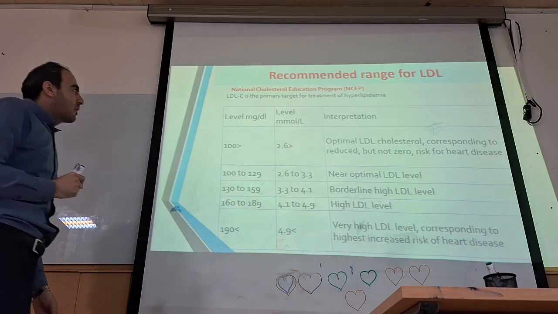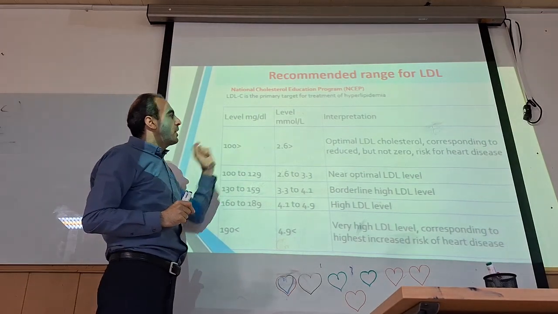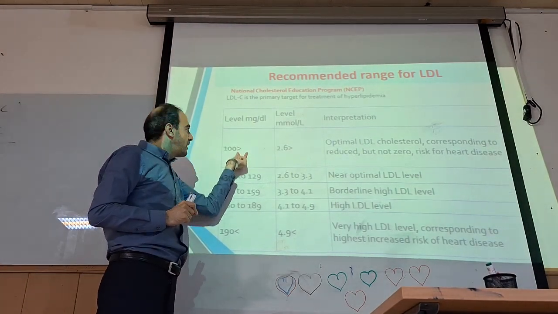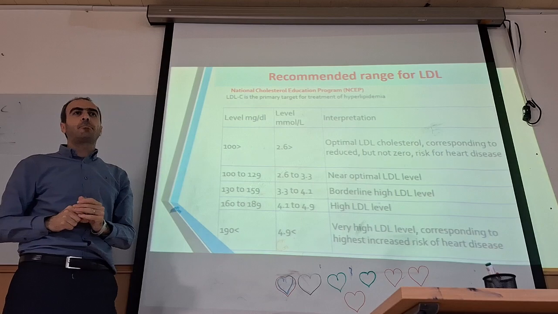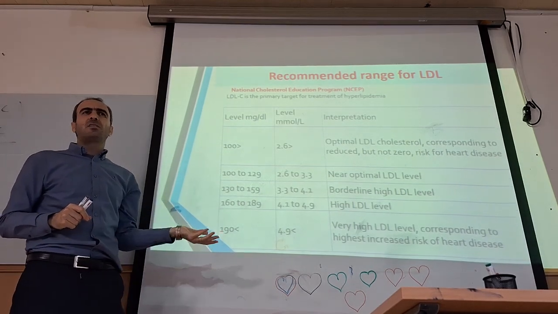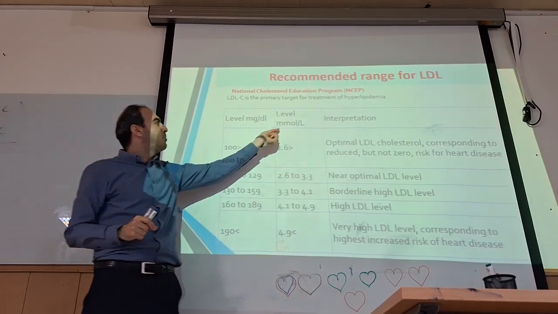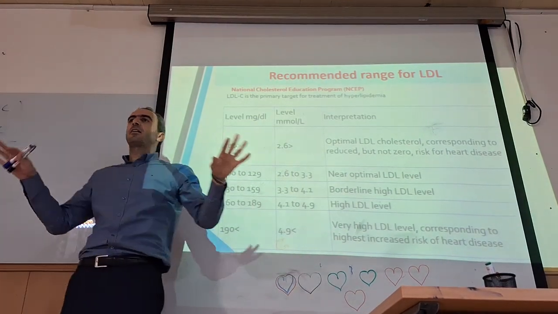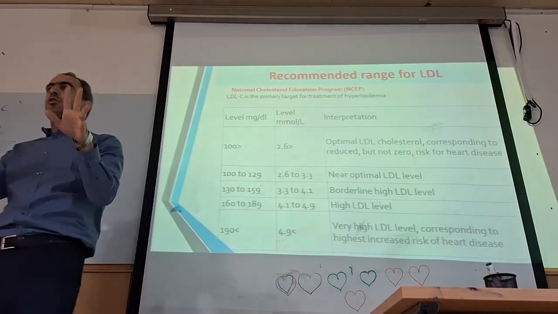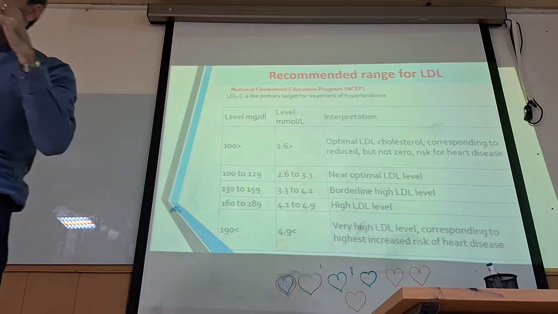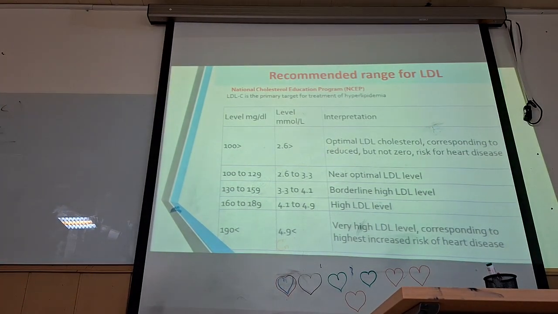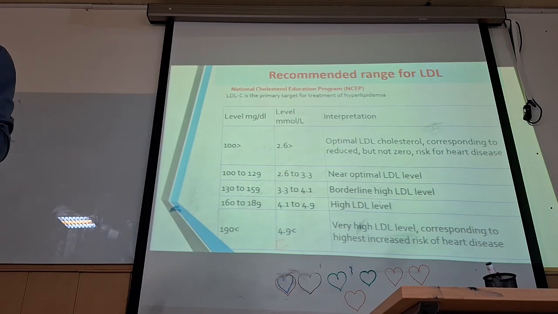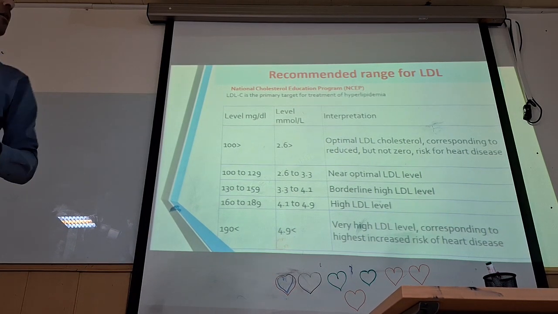So what is the target of LDL? The target should be less than 100 milligram per deciliter. Also, we have other units like millimole per liter. They can be converted to each other, it doesn't matter. There are a lot of sites where you can search and convert from one unit to another.